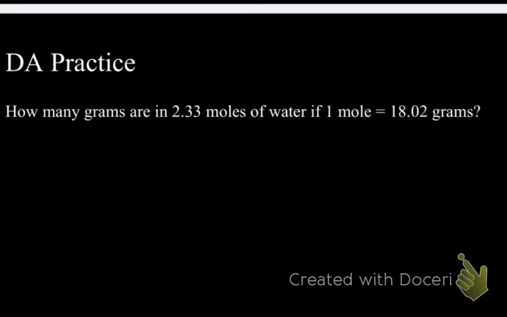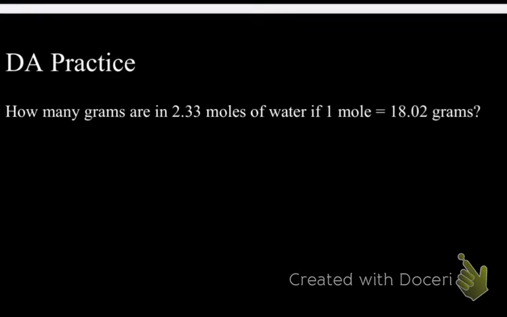Now, this very last conversion is really important in chemistry because it deals with something called the mole, which we will be using a lot. And the mole is a unit for the quantity or amount of a substance, very simply. So just to get our feet wet with mole conversions, which we'll be doing a lot of, this question is asking how many grams are in 2.55 moles of water.